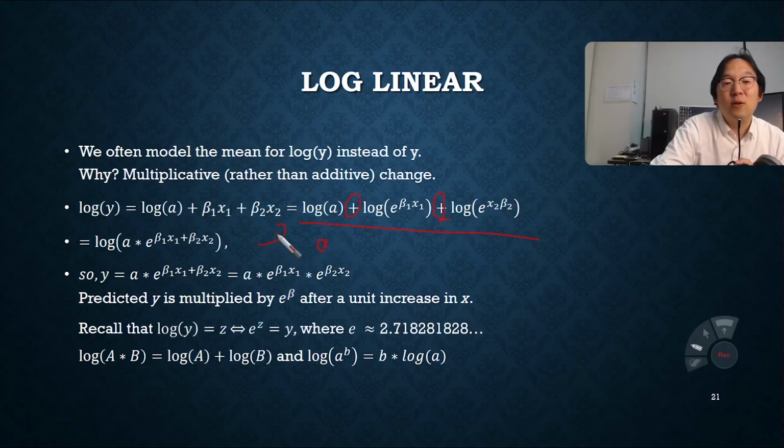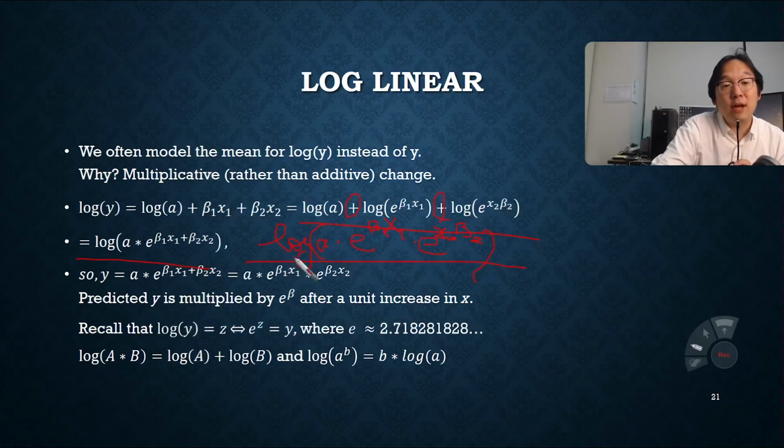Okay, log of a times e to the power of beta 1 x1 times e to the power of beta 2 x2, the whole thing, right? So that's what's going on over here.